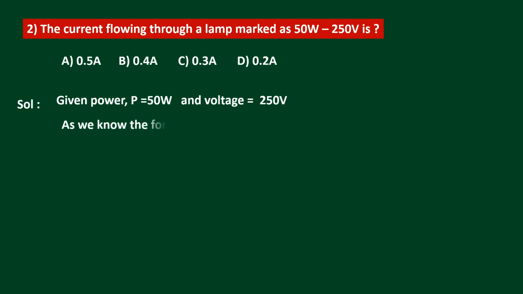As we know the formula, power is equal to voltage into current, from this we get I is equal to P by V, where P is the power, V is the voltage. Now, if we substitute power value and voltage value in this equation, we get I is equal to 50 by 250. If you simplify this, we get current flowing through a lamp as 0.2 amperes.